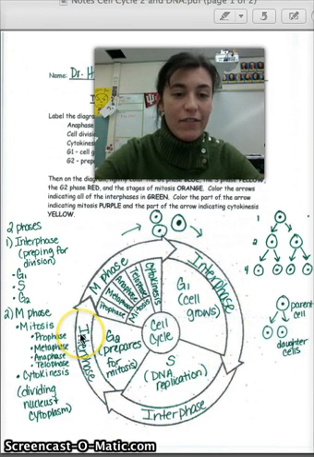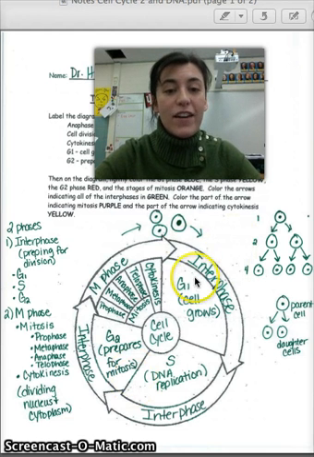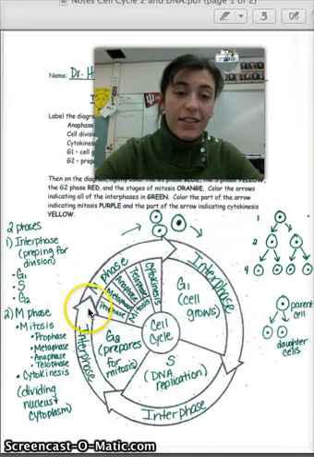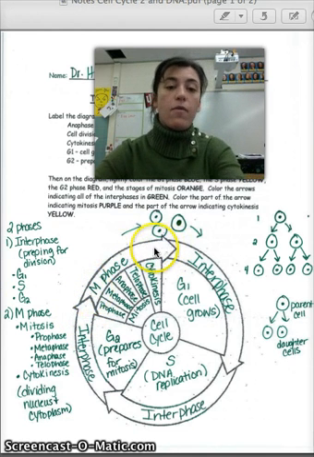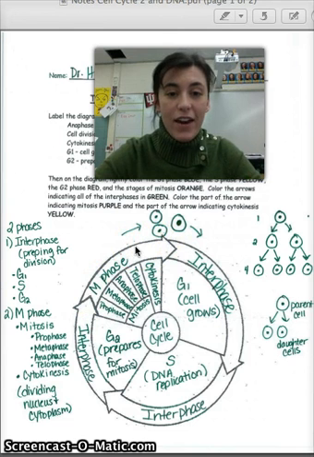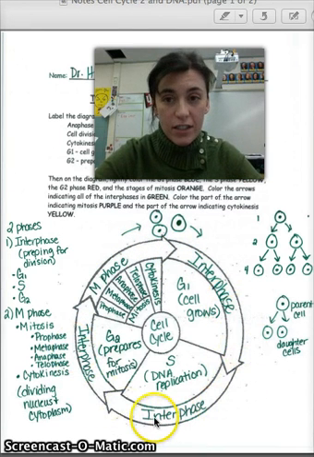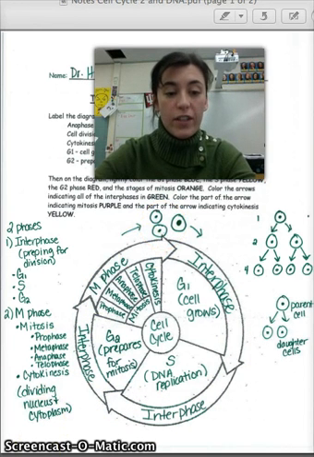Even just looking at the time period shown on this chart, interphase takes up the majority of a cell's life. After interphase, it enters the phase called M phase, which is the dividing phase. Interphase is more of a phase where it's preparing to divide, and then M phase is the phase where it's actually dividing.